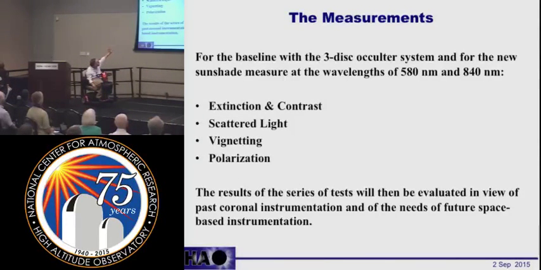So this is the tentative measurement program. 580 nanometers is sort of a sweet spot for coronal observations, broadband. And 840 is close to where Newkirk's Coronascope 2 observed.